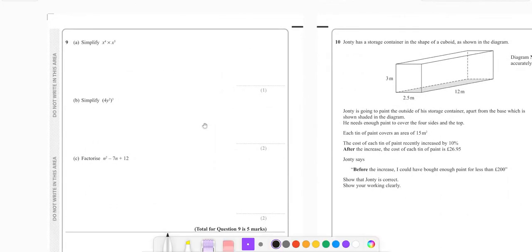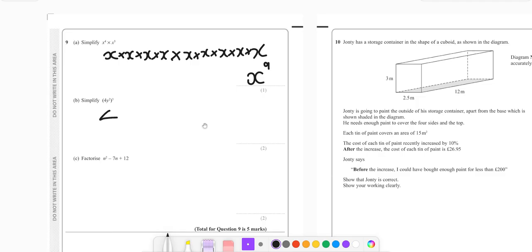Okay, simplify this. So this is x times x times x times x times x times x times x times x times x. Now you don't need to write all of that out, but you can see, and hopefully that makes sense, as to why there are nine x's, x to the 9.